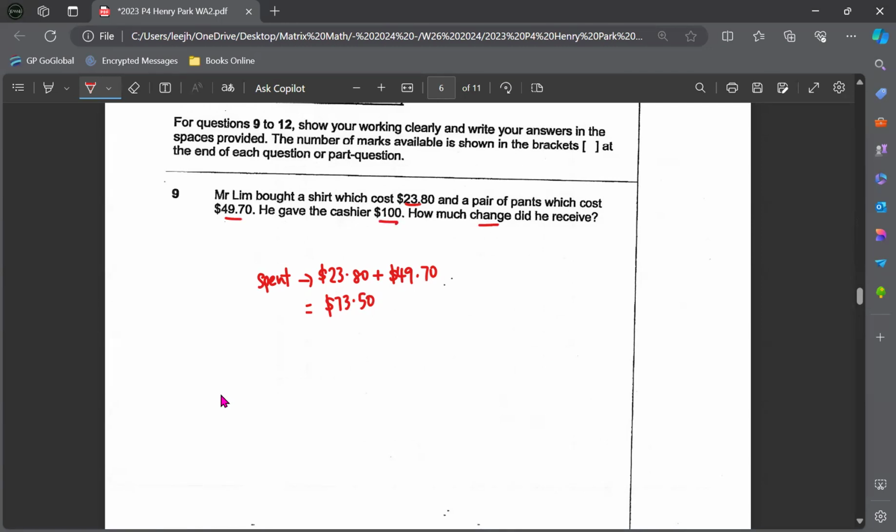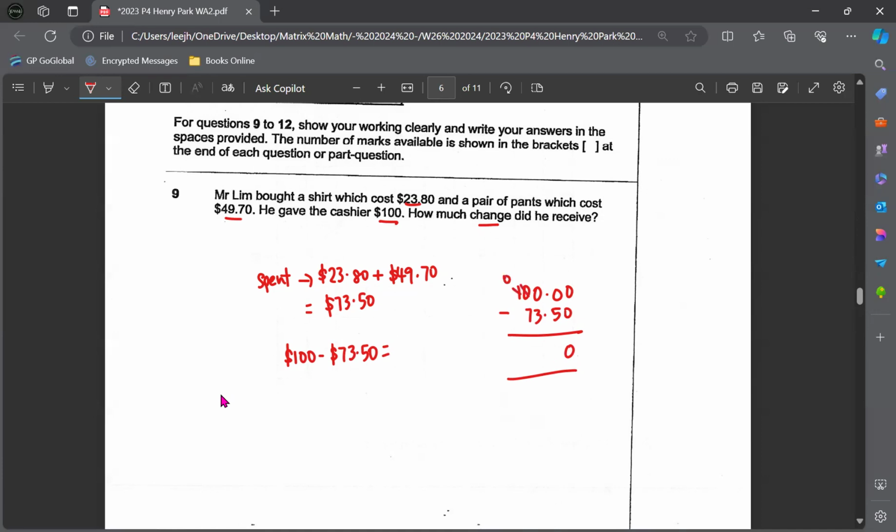So to find the change means the difference he gets back. You just take 100 minus away 73.50. Please remember, dollars and cents are involved. So write 100.00 minus 73.50. Okay, so 0 minus 0, 0. Cannot minus, right? You cannot borrow from zeros as well.